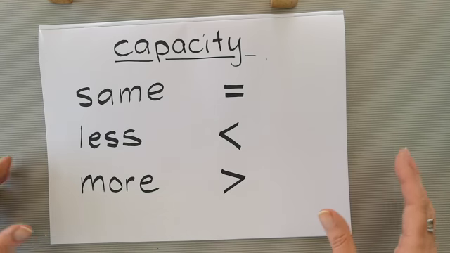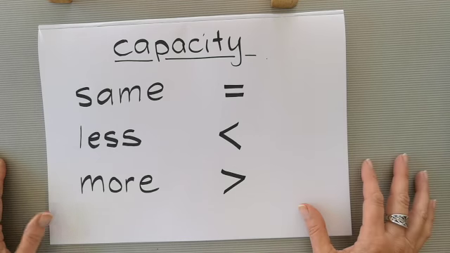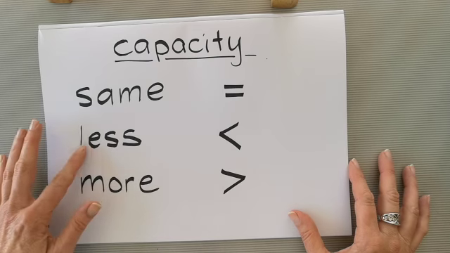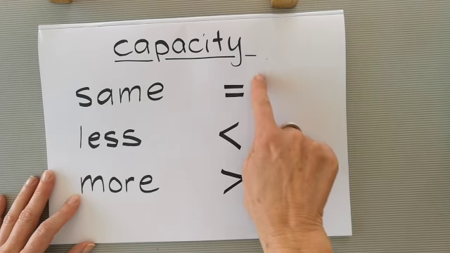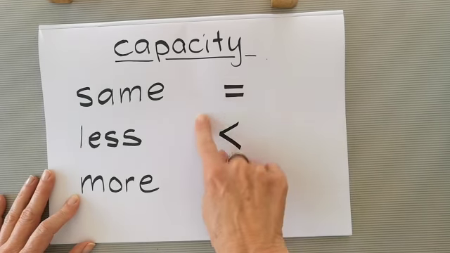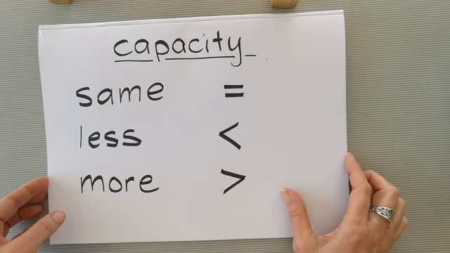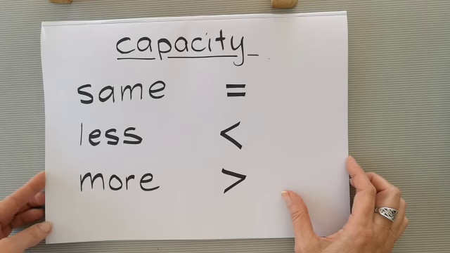Have an estimate to see which one you think might be the same. And then when you've done your exploring and you've found out which is the same, which is less, and which is more, you can write up your findings. You can draw your pictures. You might even use the symbols that mean the same as these words, or you might love writing stories about what you discovered.